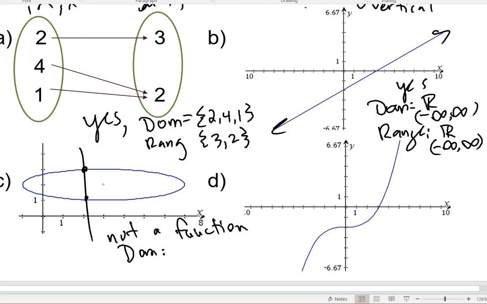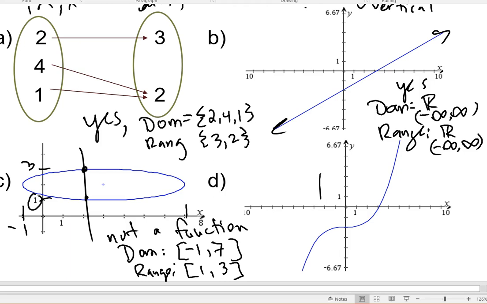It goes all the way to the left to -1, all the way to the right up to 7. So it would be between -1 and 7. The range, it goes all the way up to 3, all the way down to the 1, so it would be between 1 and 3.